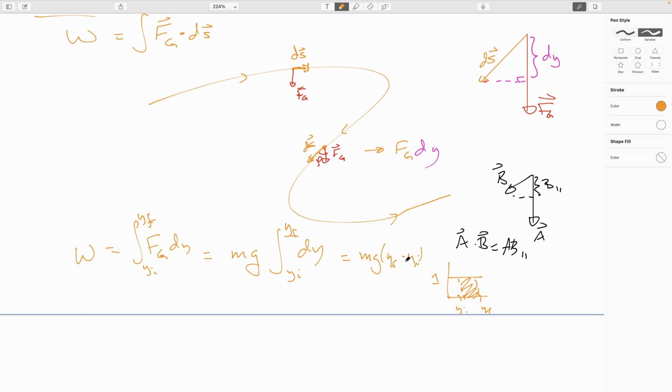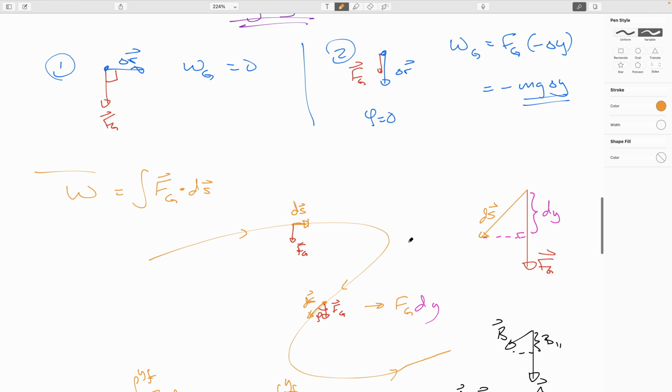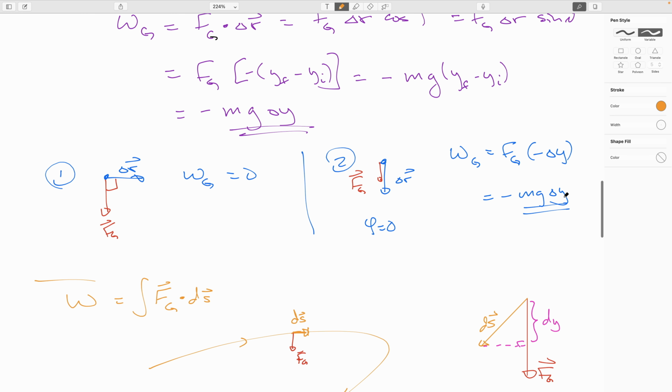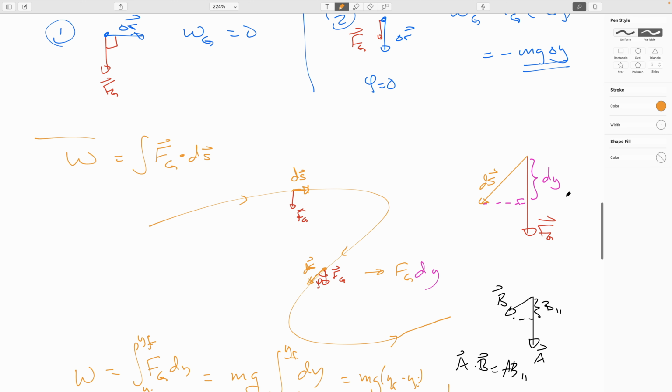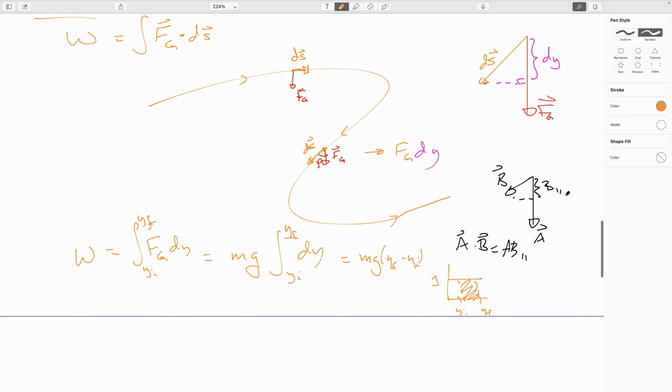Now, the way I had this set up, I need to get into our delta y that we had before. If we take a look, my change in y coordinate is negative, but I need the work to be positive. So when I write it in terms of the way I've had my delta y defined from before, this is going to be minus mg delta y, which is what we had before.